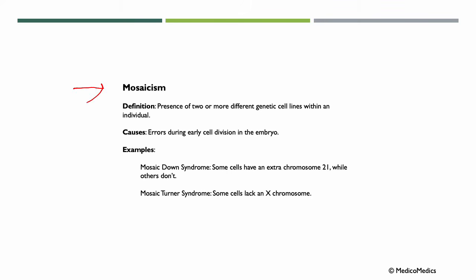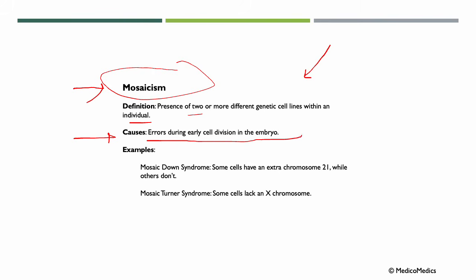Mosaicism, however you want to pronounce that, is the presence of two or more different genetic cell lines within an individual. So it's like having two types of cells in your body, each with a slightly different genetic makeup. It is caused by errors during early cell division in the embryo. An example is mosaic Down syndrome, where some cells have an extra chromosome 21 while others don't.